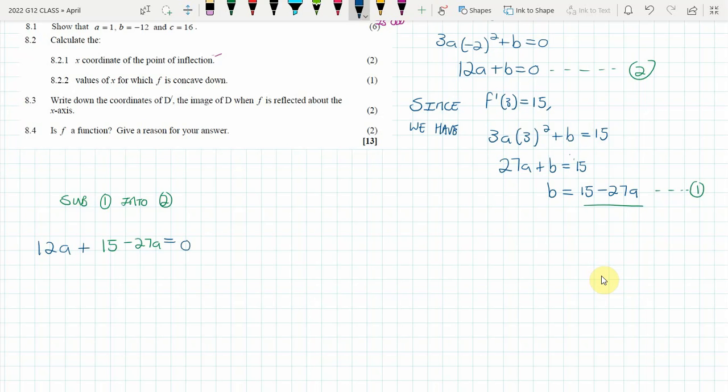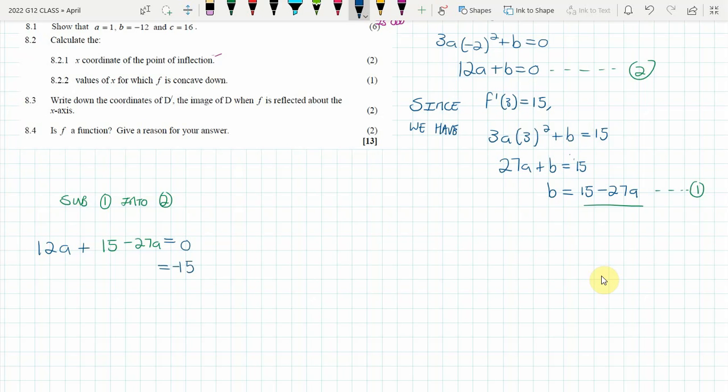Now let's solve for a. What step can we take? You take 15 over to the right hand side.